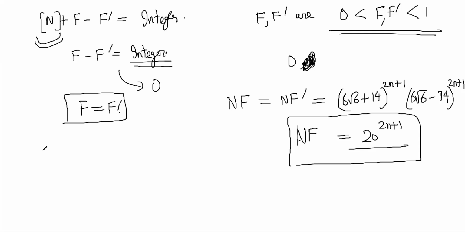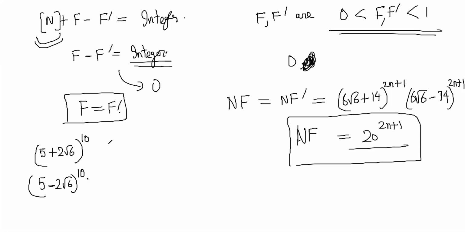Suppose 5 plus 2 root 6 to the power 10, I will check 5 minus 2 root 6 to the power 10, and I will either add it or subtract it, to ensure that what I am left with is an integer.